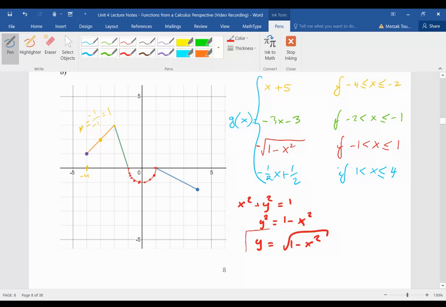However, this formula here generates only positive values of y. So to fix the problem, I have to precede it with a negative. And this would be a different way to figure out how to write the formula for half a circle.